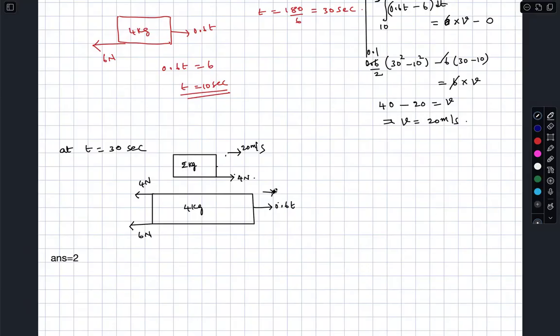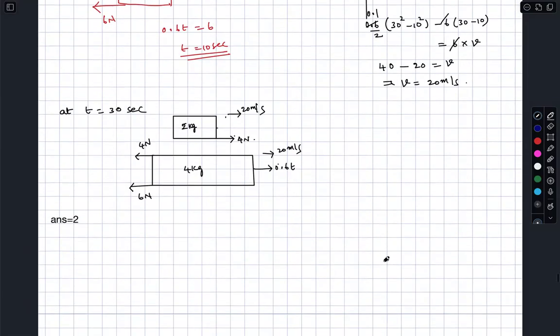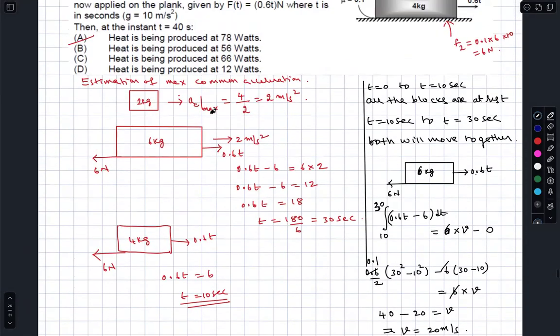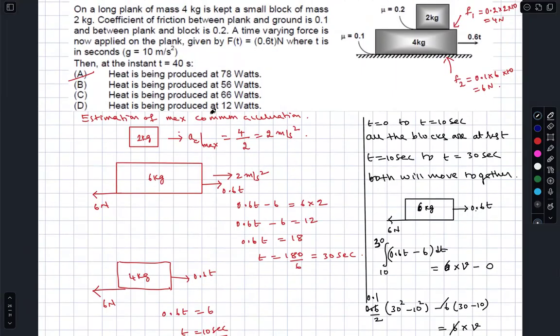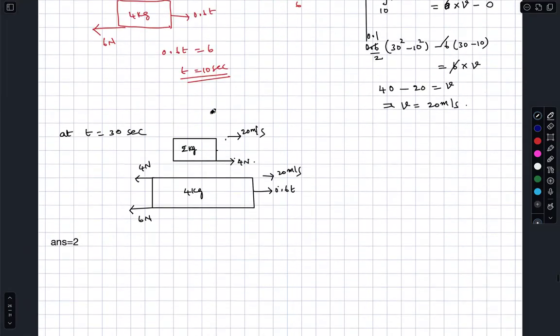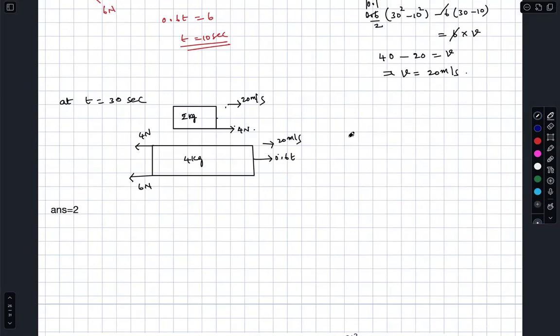In fact, it is also moving at 20 meters per second. Right. That is the picture at t equals 30 seconds. Remember, this is a constant force actually on the 2 kg block. On the 2 kg block, this is the picture. Now, what is happening to the lower block?